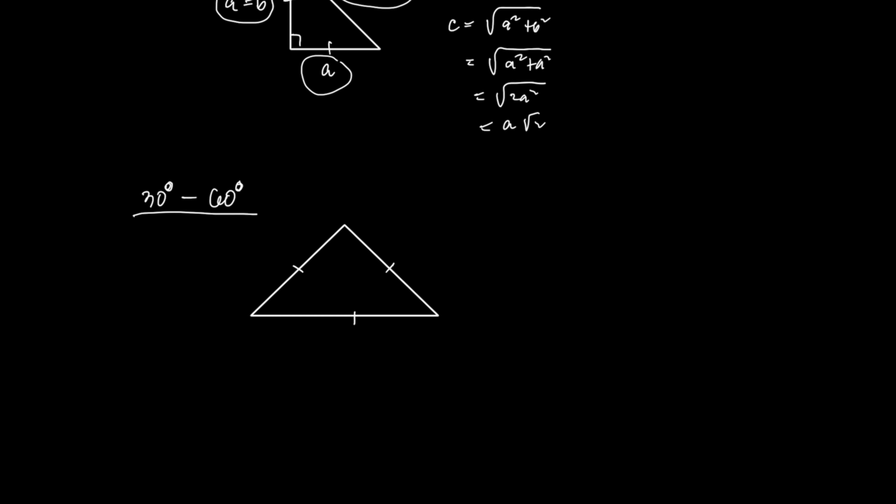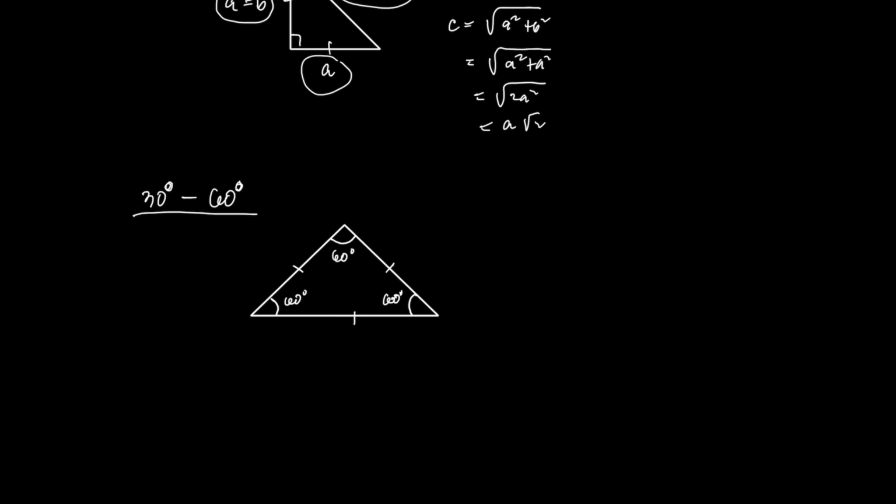Now, since the three sides are equal, the three angles are also equal. Since the sum of the angles in a triangle is 180 degrees, each angle here is 60 degrees.